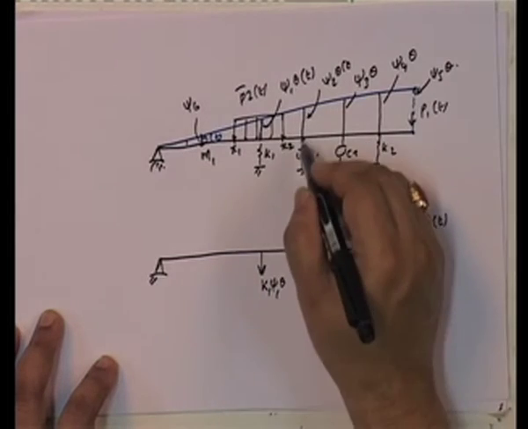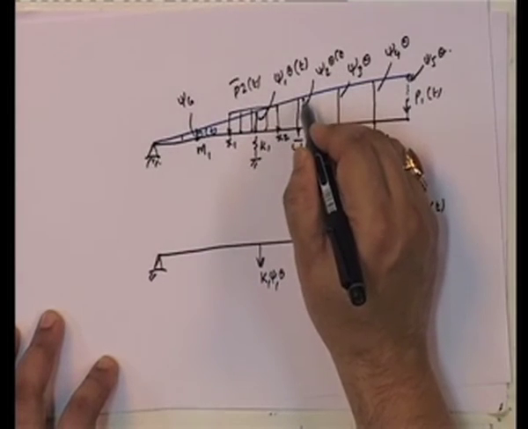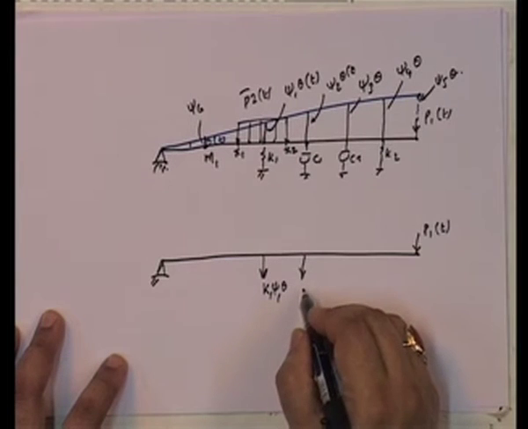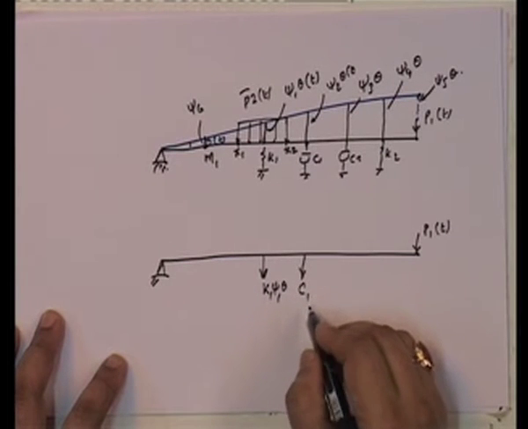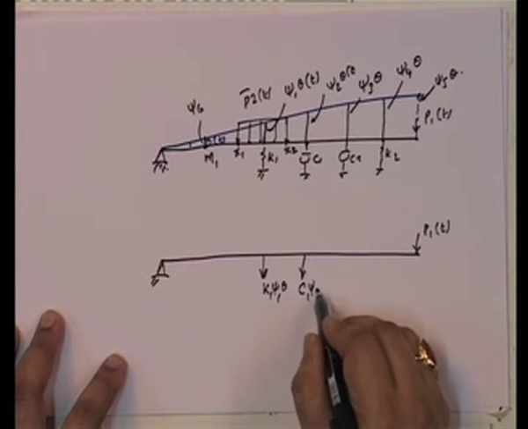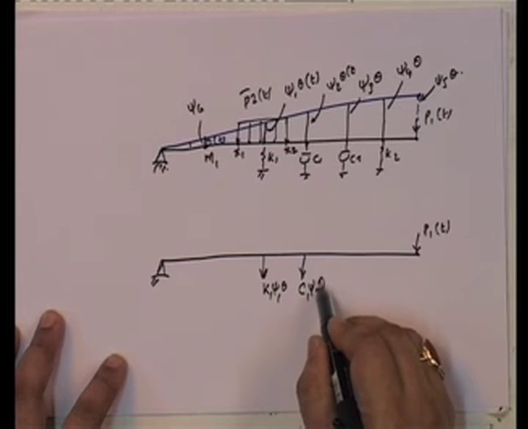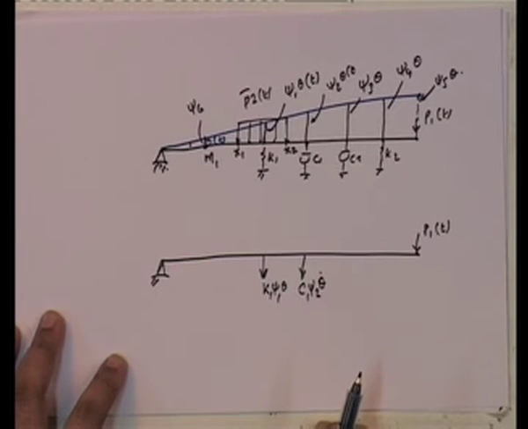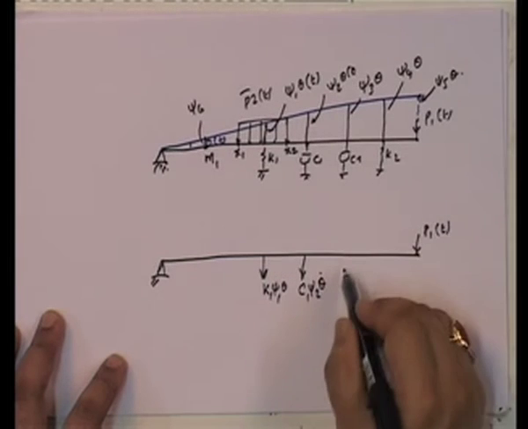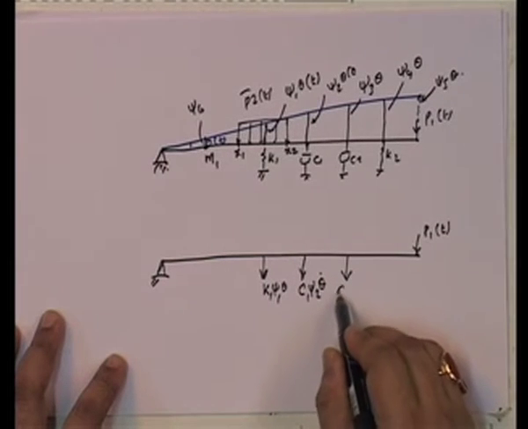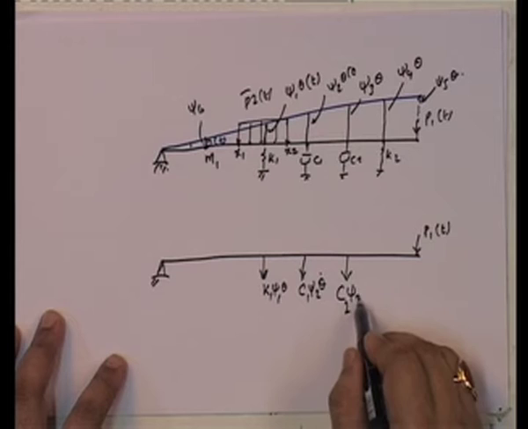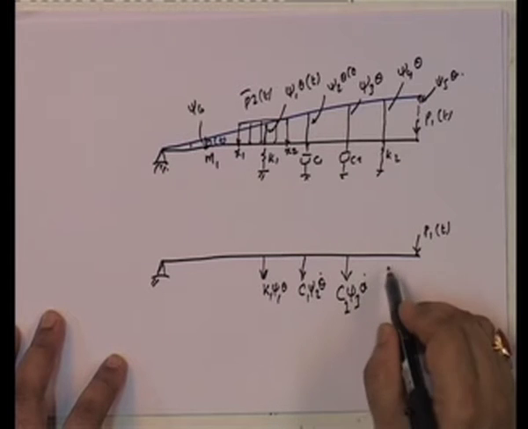So, the force, since this is going in this direction, this opposes the force, and that force is going to be equal to C 1 xi 2 theta dot. Okay. Similarly, without going into the details, this is going to be C 2 xi 3 theta dot.